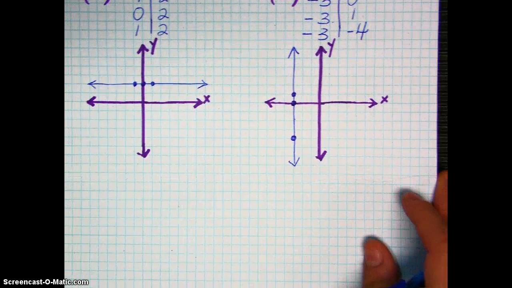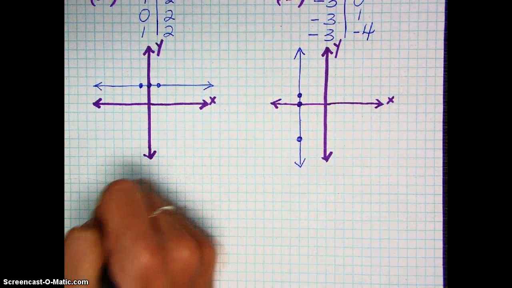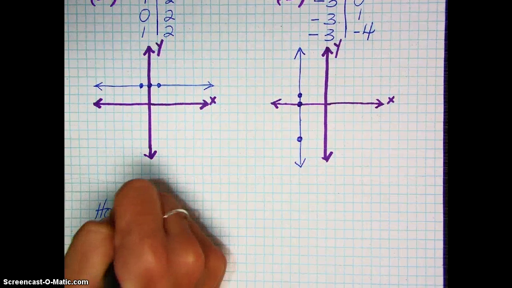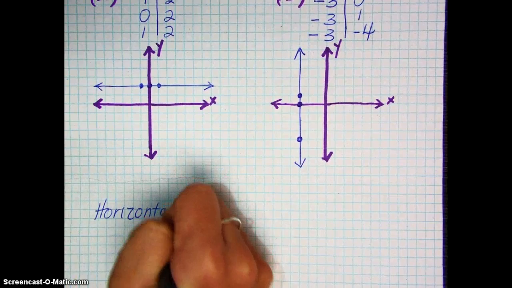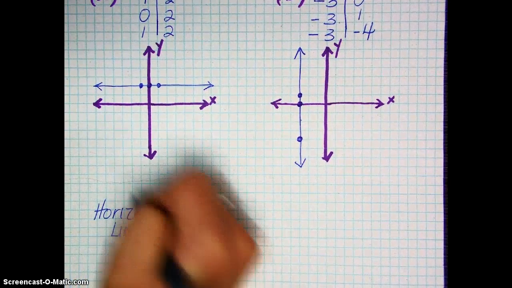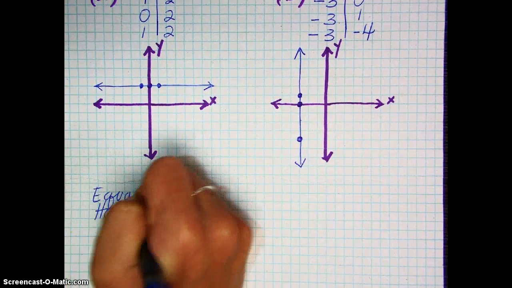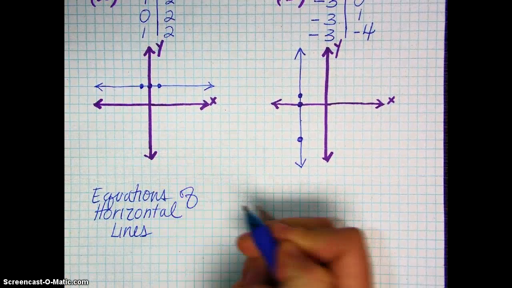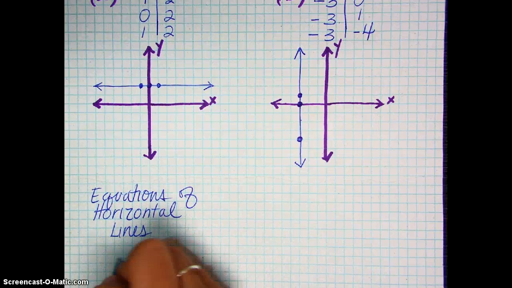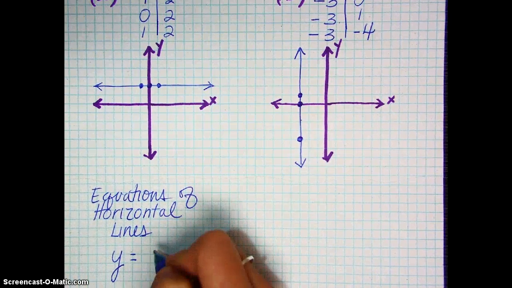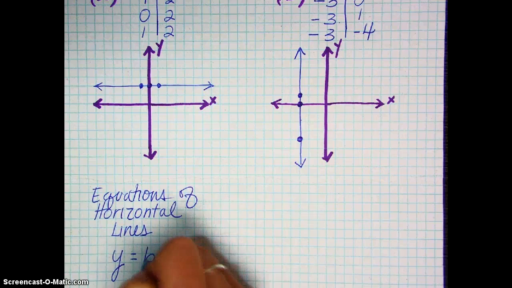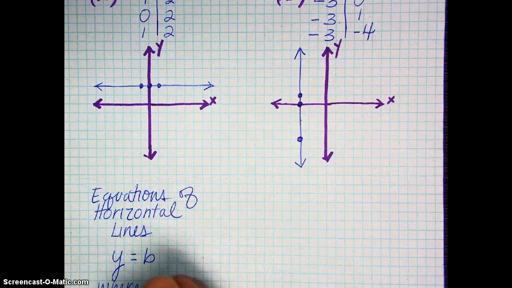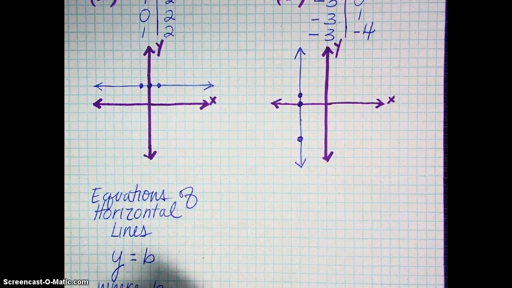So in general, when we're talking about horizontal lines, or rather equations of horizontal lines, they are always in the form y equals, and we'll just call it b, where b is any real number.